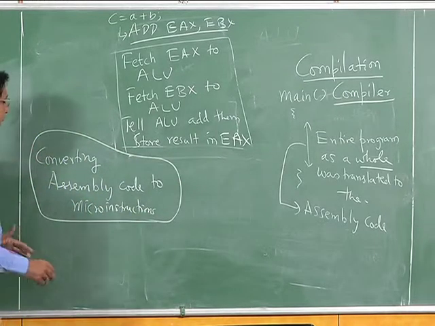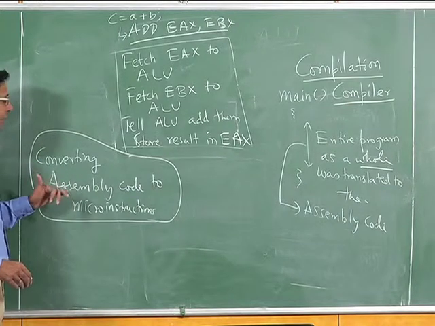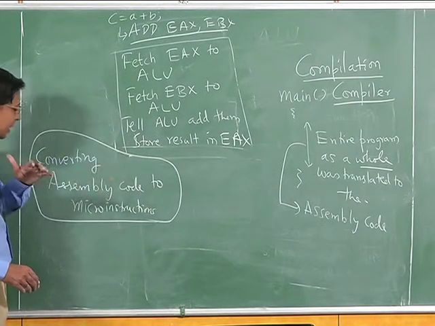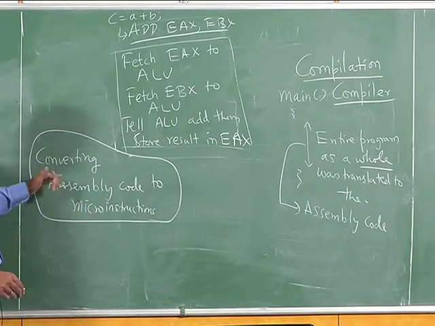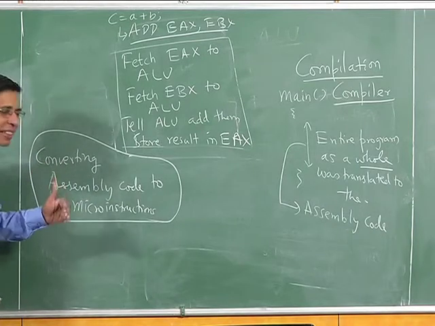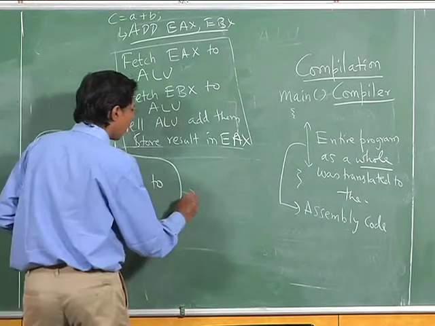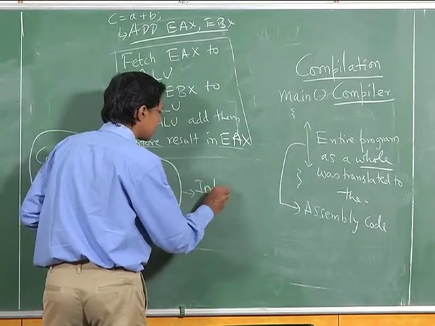And this happens wherein every assembly code instruction is taken, converted to micro instruction, immediately they execute, then take the next assembly code. So one by one the instructions are taken and translated on the fly, and then they are executed. This type of a translation is called as interpretation.